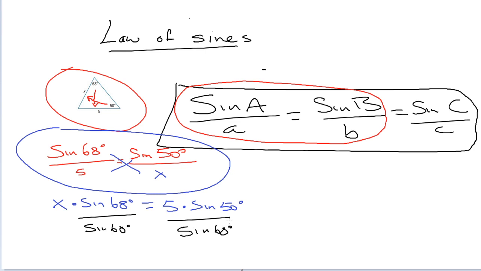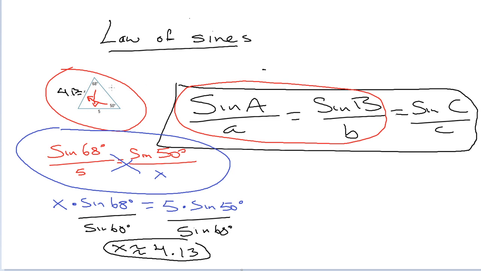And when I do this, if you plug this in your calculator, 5 times sine of 50 divided by sine of 68 degrees, we get that x is approximately 4.13. So we have the missing side, x is equal to 4.13.